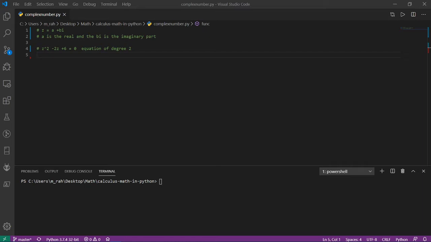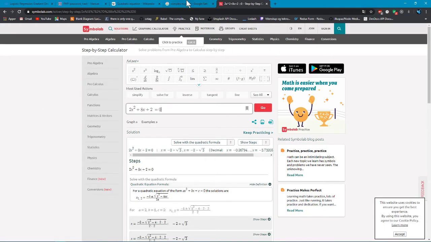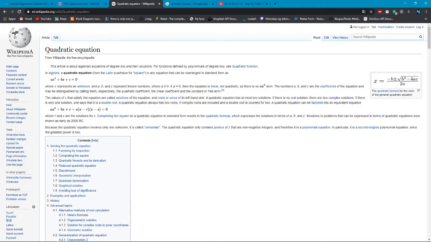So what we are going to do is create a quadratic equation solver. The quadratic equation has two answers, and we take three inputs from the user, then solve and print out the result.